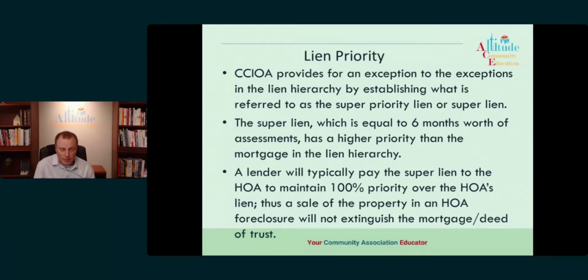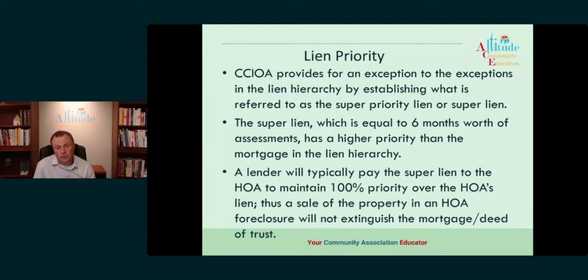And typically what will happen, a lender is going to step in because they don't want to be foreclosed out. In theory, if the association files its foreclosure and the first mortgage never steps in, never files an answer, never pays the super lien, the association's foreclosure would wipe out that mortgage. So say the bank had a $500,000 loan, they're not paying any attention.